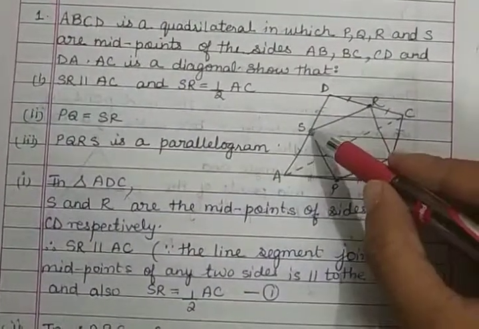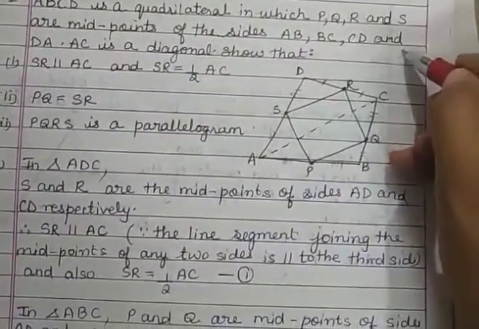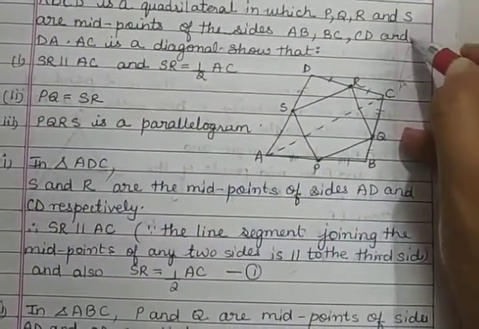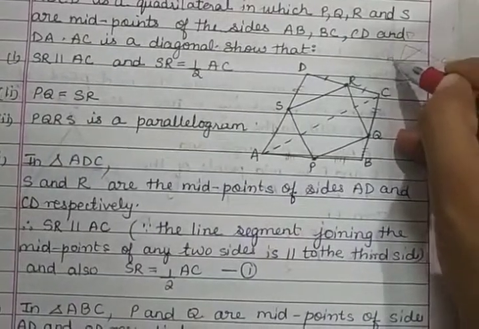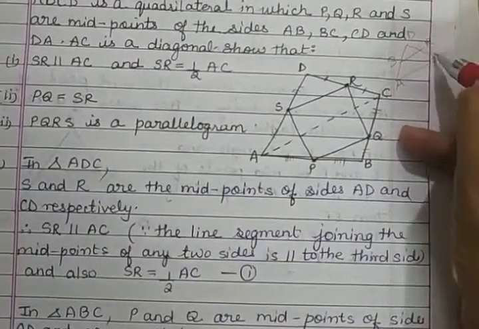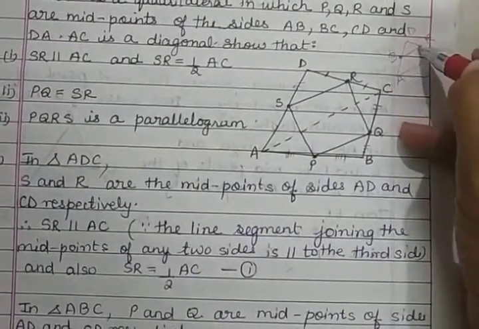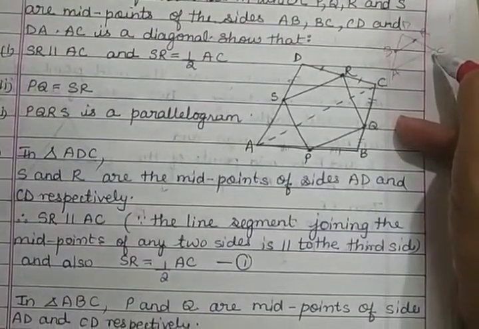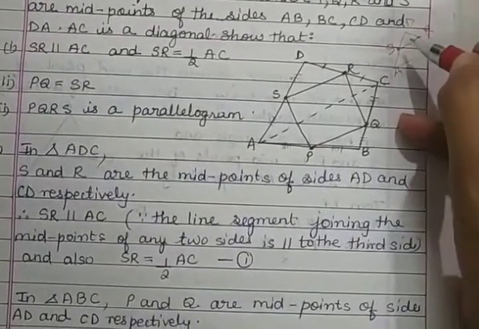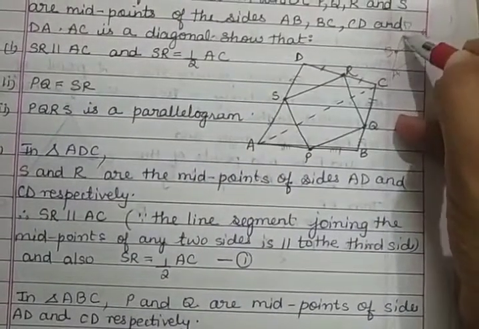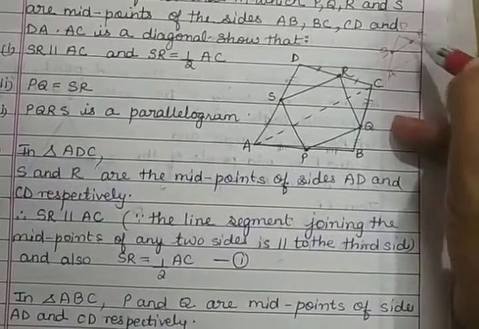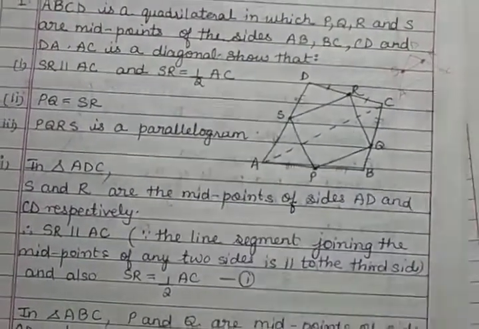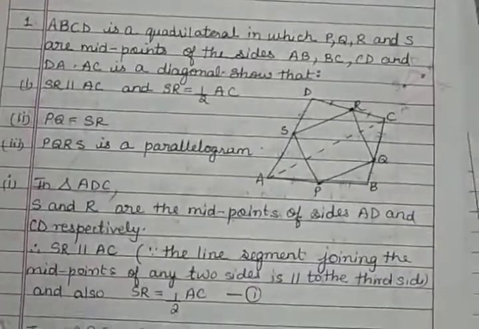If you look at this, it is like this triangle ACD, and you have SR over here. You have to show that SR is parallel to AC. It is already given that these two are midpoints of the two sides AD and CD respectively, so we can directly use the midpoint theorem here.